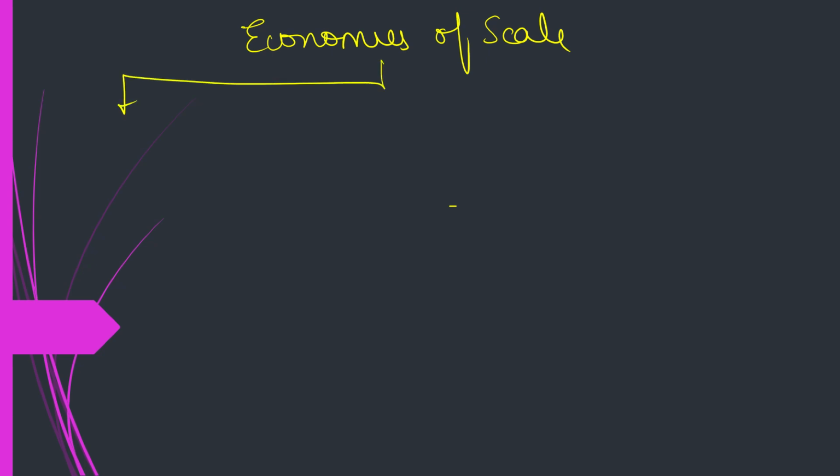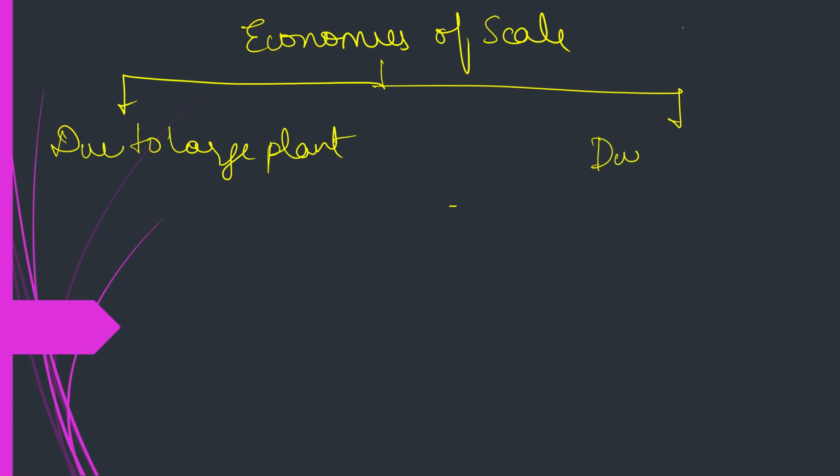Now, economies of scale, we'll draw this. That is, output grows proportionally faster than inputs. So due to a large plant and due to a large firm.